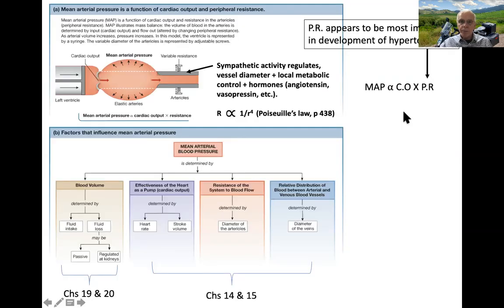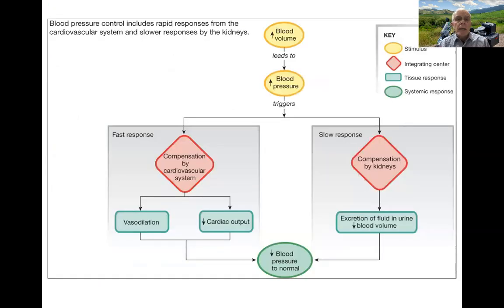Okay. This figure shows once again blood pressure control includes rapid responses from the cardiovascular system and slower responses by the kidneys.